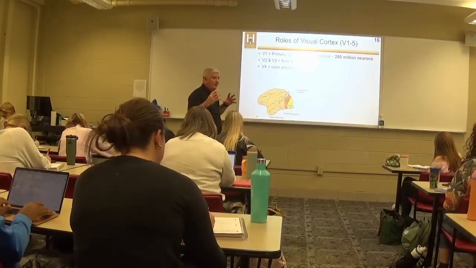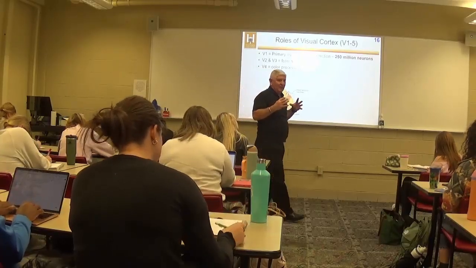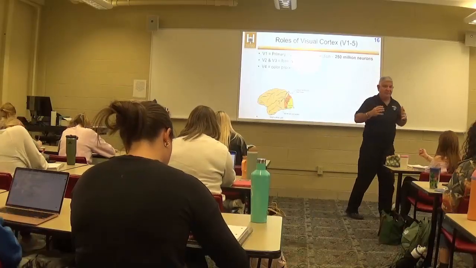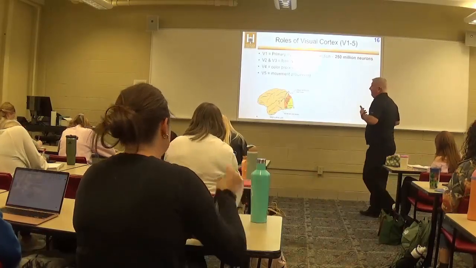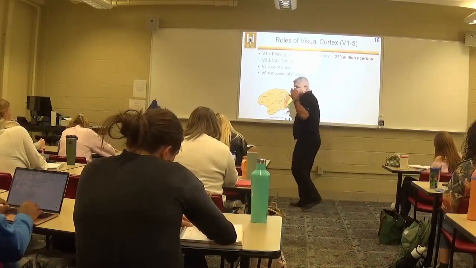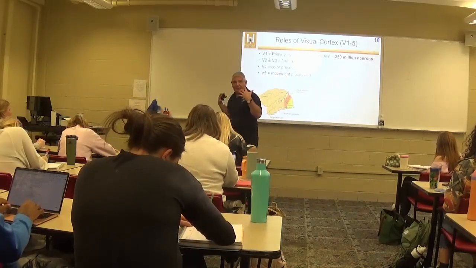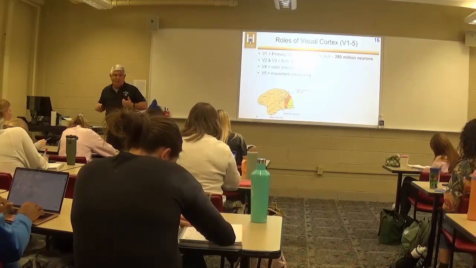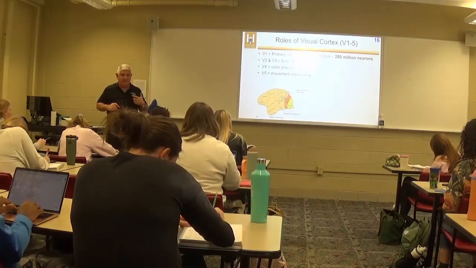V4, we have a special area of our brain that's doing color perception, laying color on top of this. V5, a particular place in our brain for movement perception. Those are all the V's.